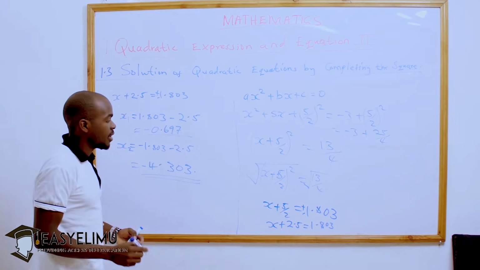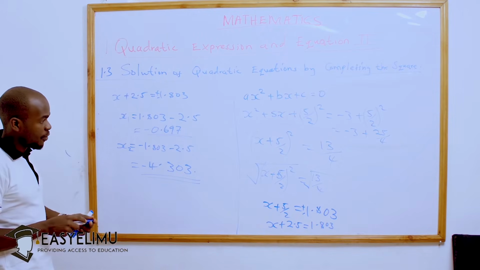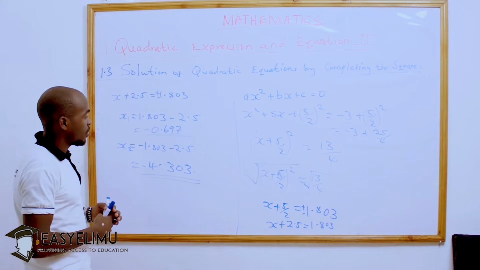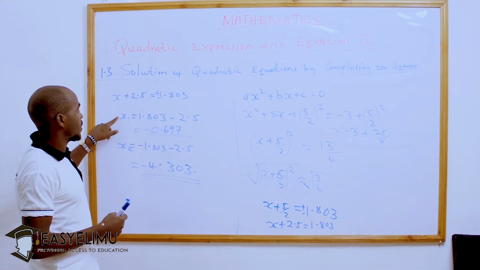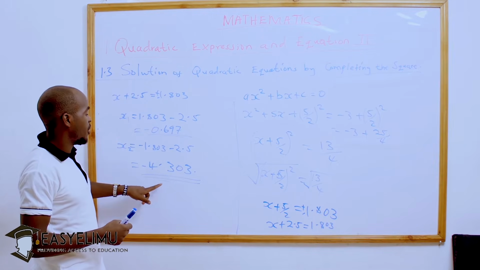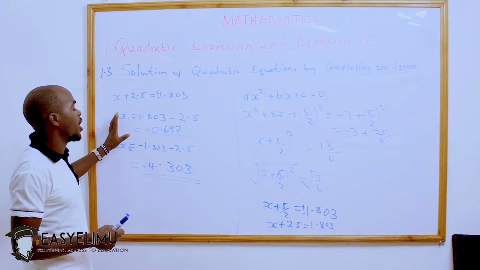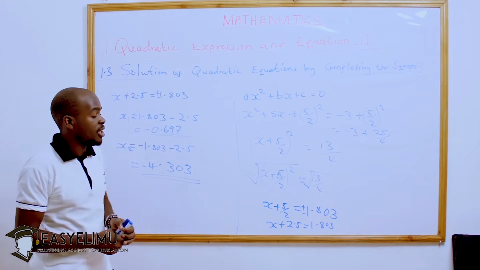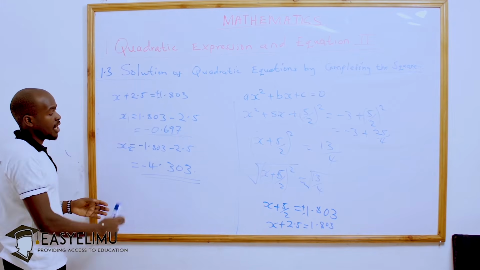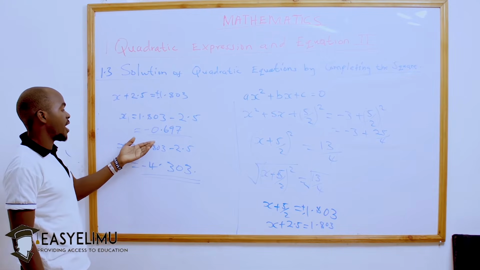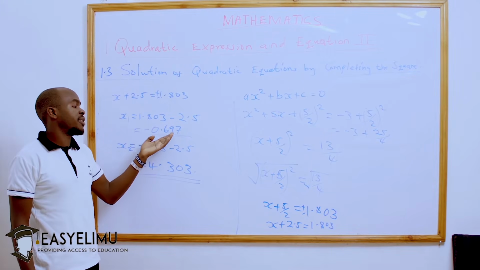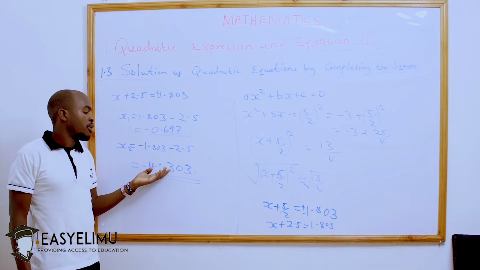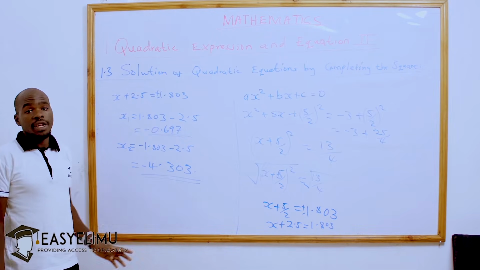Remember, we found our x to have two identical factors. So we are finding that x is giving us different kinds of values because we need each of x and find out what it represents. So we have worked out and found out that the first x can be used when x is 0.697 and another x when it is negative 4.303.